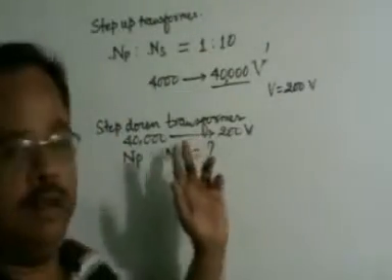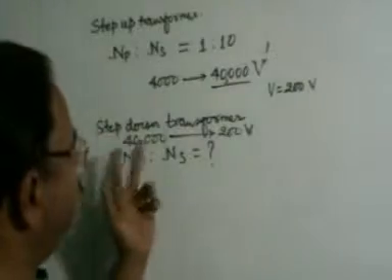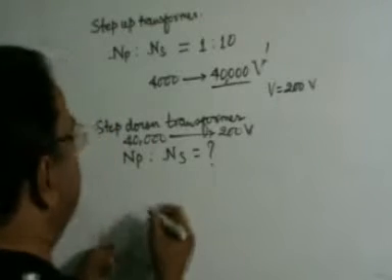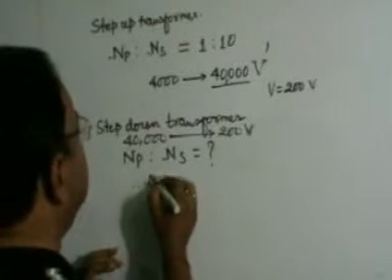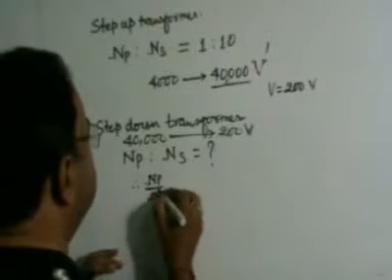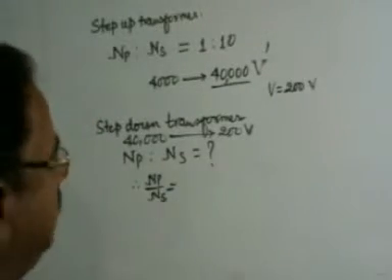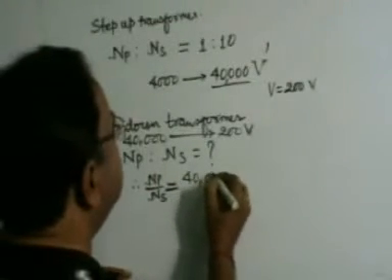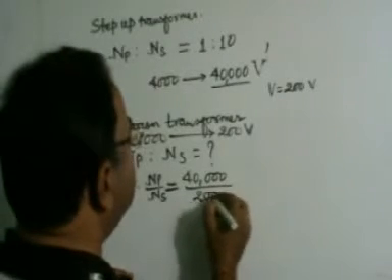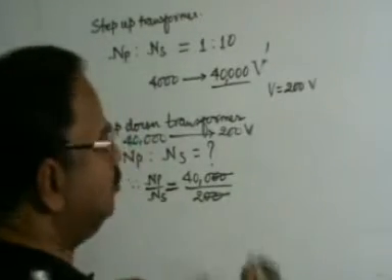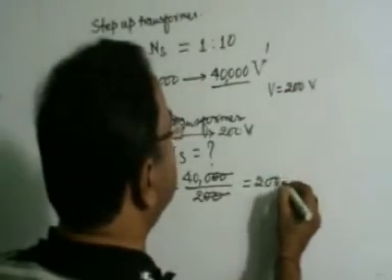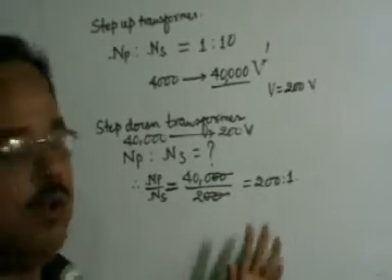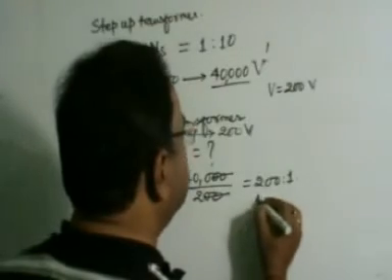Therefore we have NP to NS, primary to secondary, and obviously the primary should have more turns. So this is 40,000 divided by 200. So this will be equal to 200:1. The turn ratio will be equal to 200:1. So our option A will be correct.